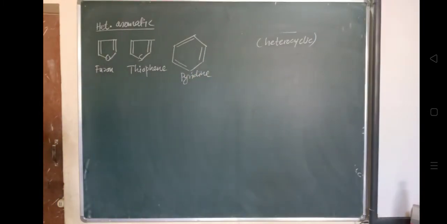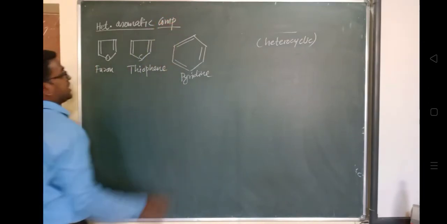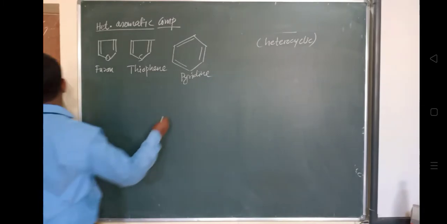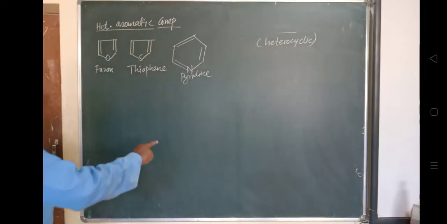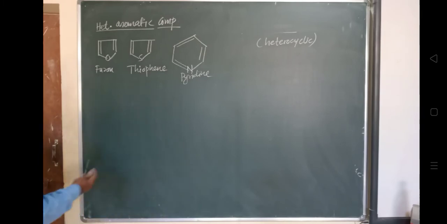So these are heterocyclic aromatic compounds. This will be cyclic, and here there should be nitrogen. Here it will consist of different atoms in a cycle.